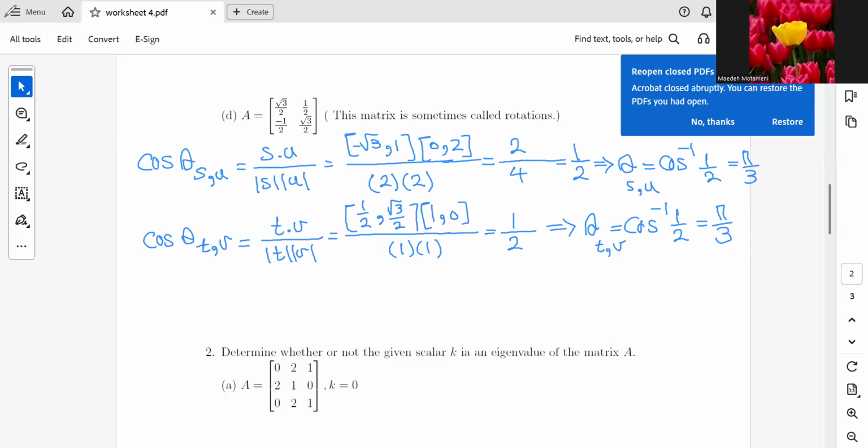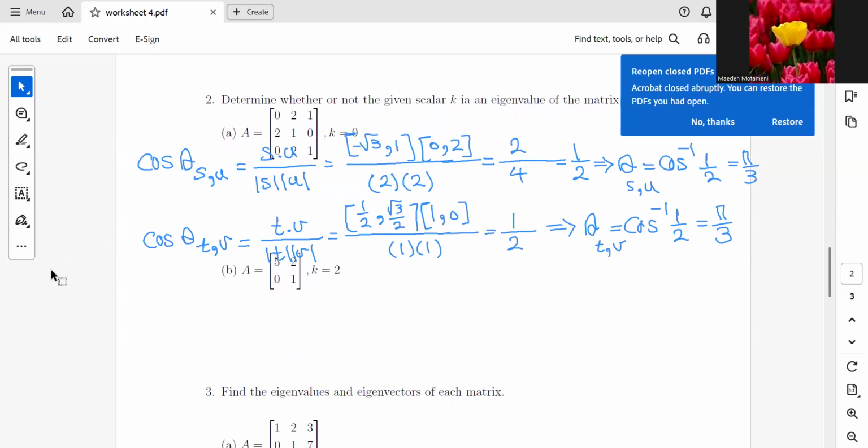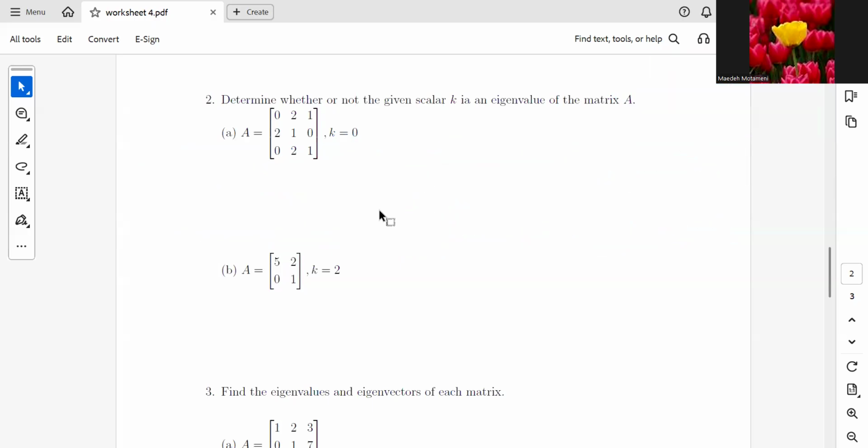Number 2. For number 2, we would determine whether or not the given scalar k is an eigenvalue of the matrix A. So we know how to find the determinant of a 3 by 3 matrix.